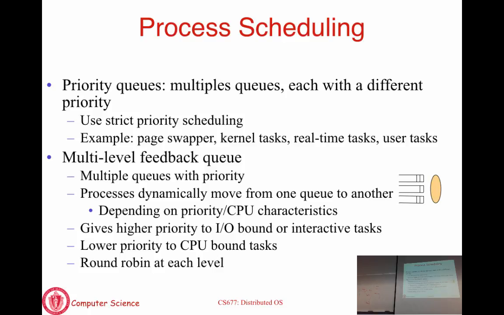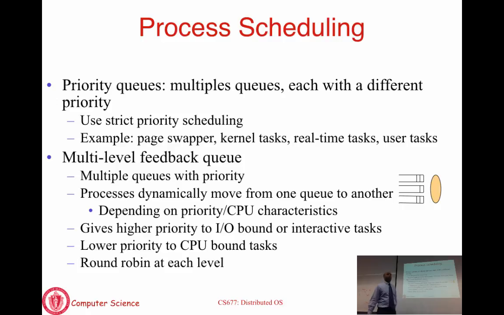Examples may be kernel tasks, which can run at a higher priority than user tasks, because operating system tasks are important. You don't want to delay them. If something has happened, you might want to execute the kernel task immediately. So the kernel or system processes might get by default higher priority than user processes. That's one policy you can assume.